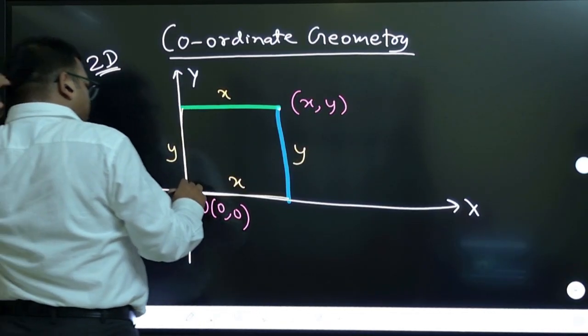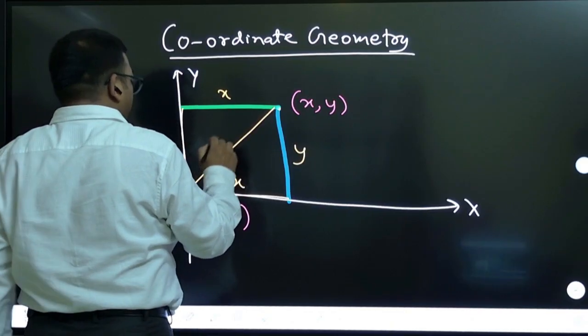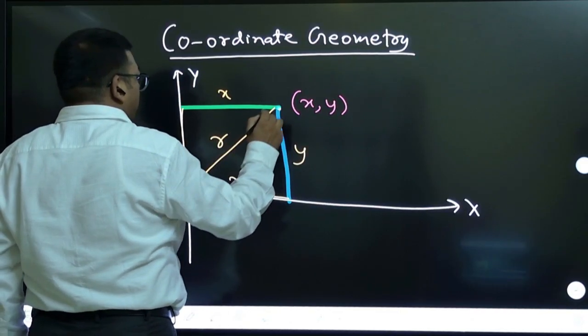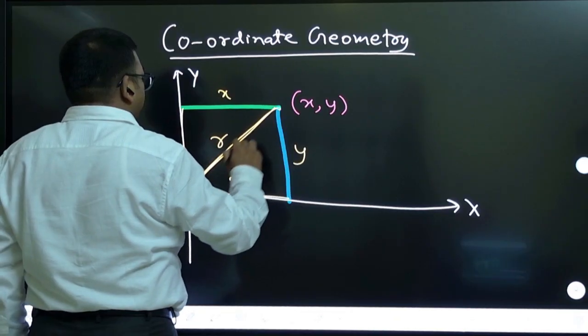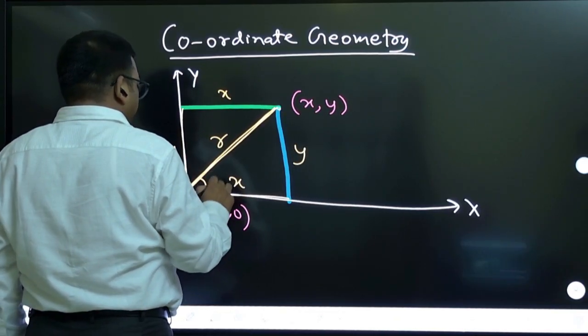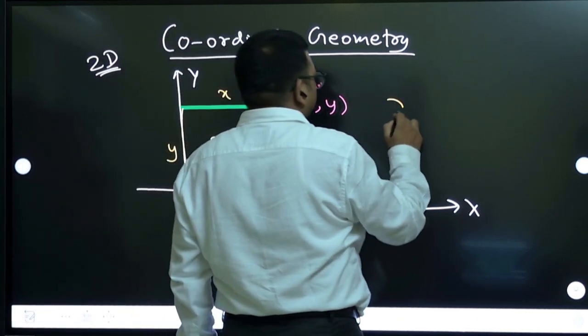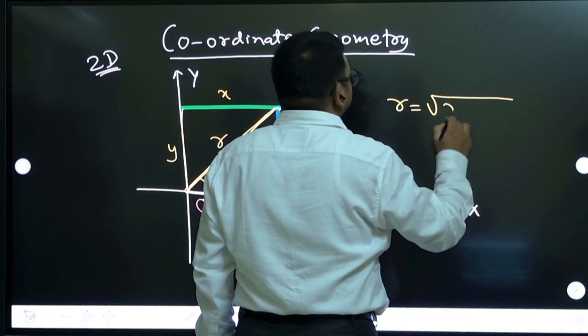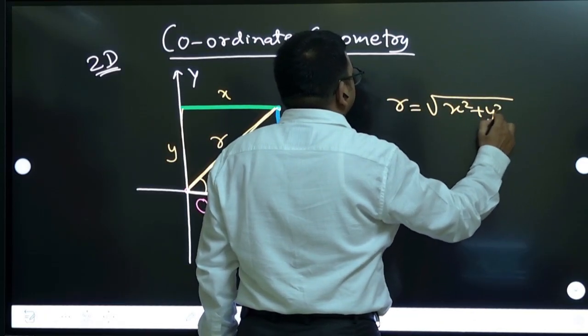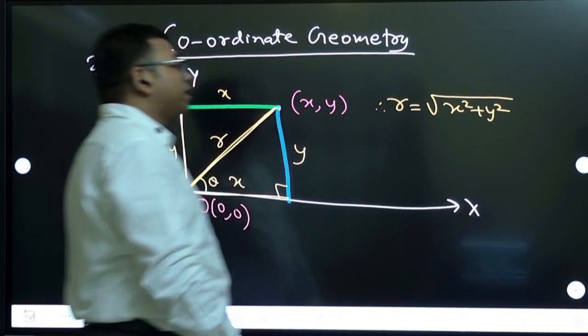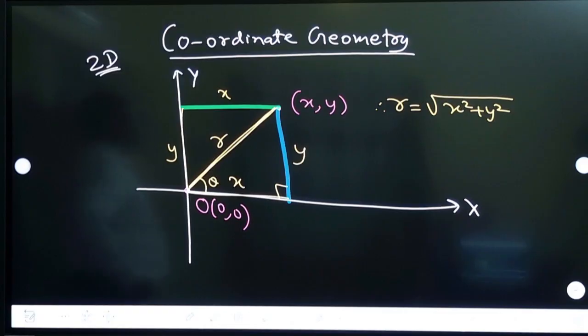And this distance is the distance of this point from the origin, that is r, right? This distance is r, and this may have some angle theta, and this is a right triangle, so definitely r is root of x square plus y square. This we have seen in many places in vectors, right? Everywhere we have seen that.